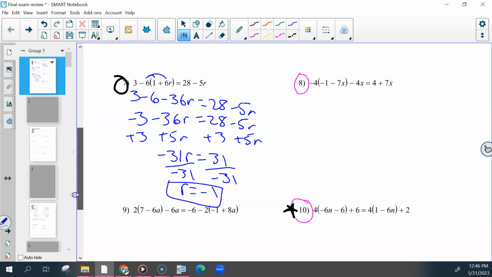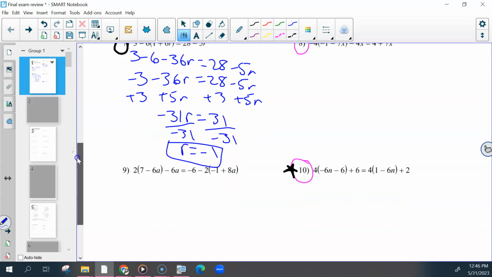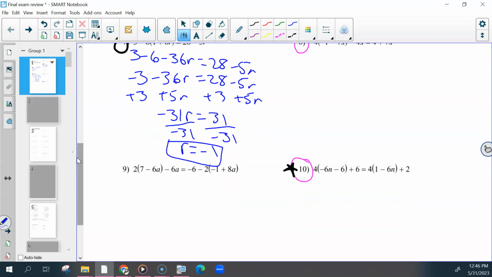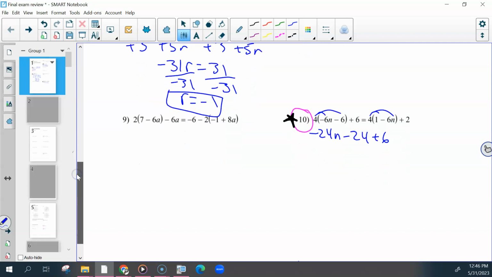Ten is similar, except now you have to distribute on both sides. We have negative 24n minus 24 plus 6 equals 4 minus 24n plus 2.